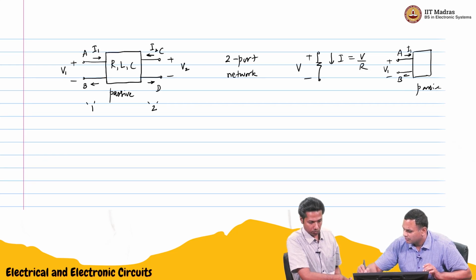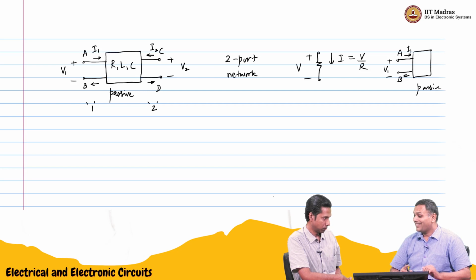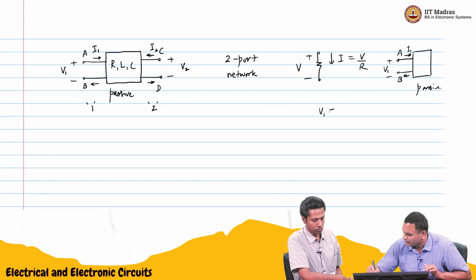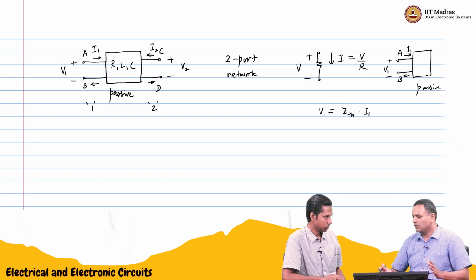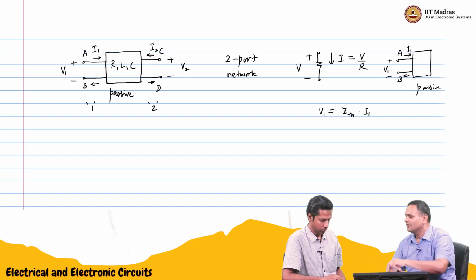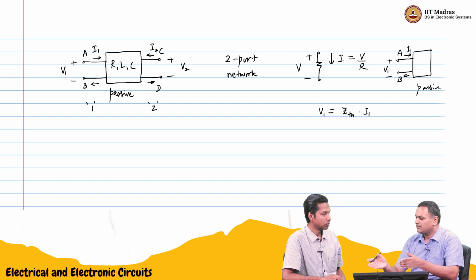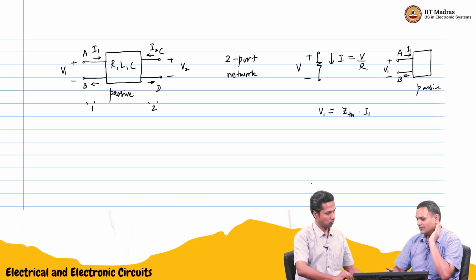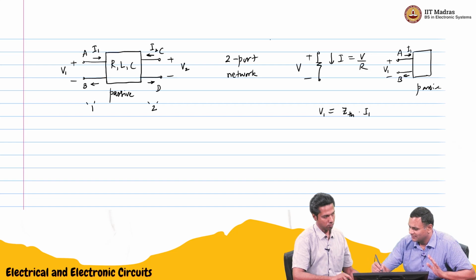If I find out the Thevenin equivalent, I know the relationship between V1 and I1 is some Z Thevenin times I1. If I apply some known voltage, it draws some current. If it's AC, then I know Z Thevenin, which has some phase shift and some magnitude. Using these two, I can find it out. So for a 1 port network, it is easy.